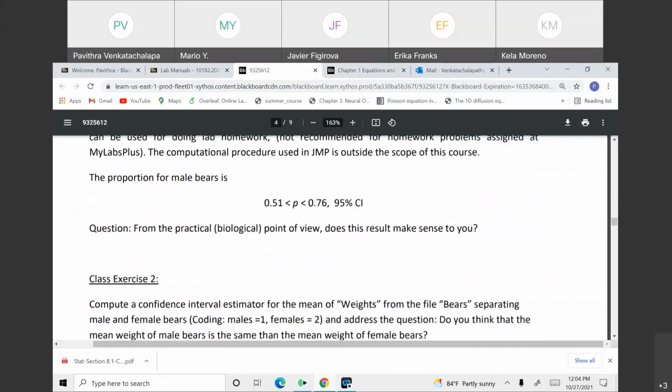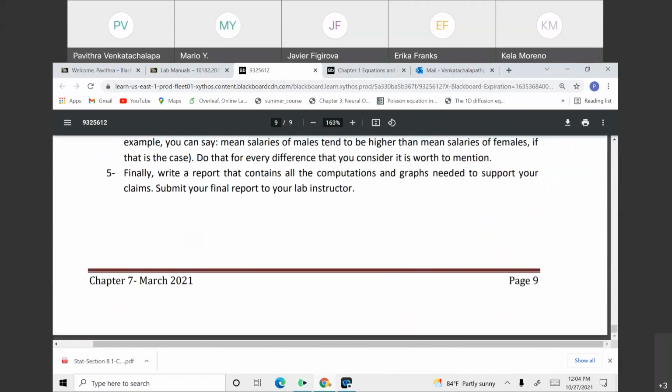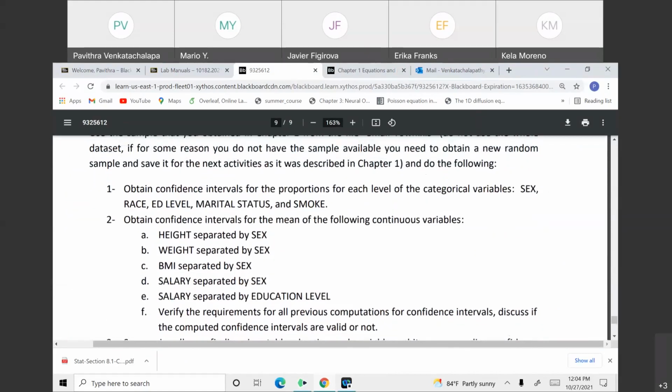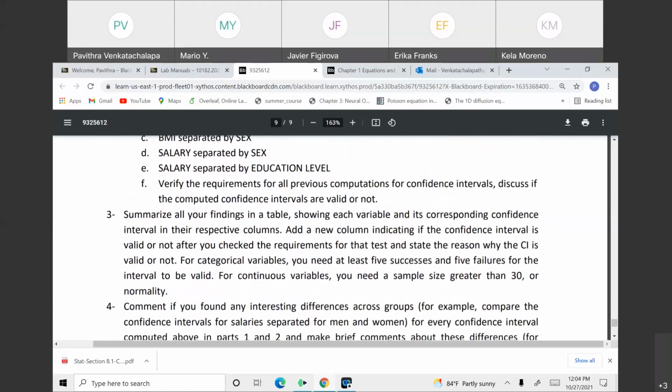So chapter 7 was to find out or estimate the confidence interval. So you will be given variables. So part 1, as you can see, it is only for categorical, and part 2 is only for continuous variables. Okay. Now the third question will ask you whether a confidence interval is valid or not.